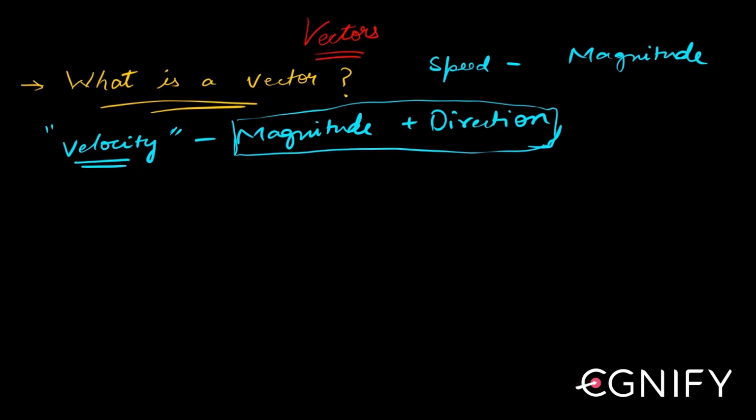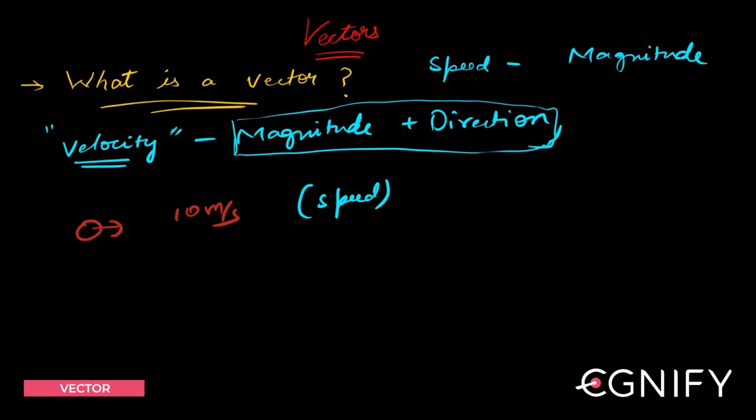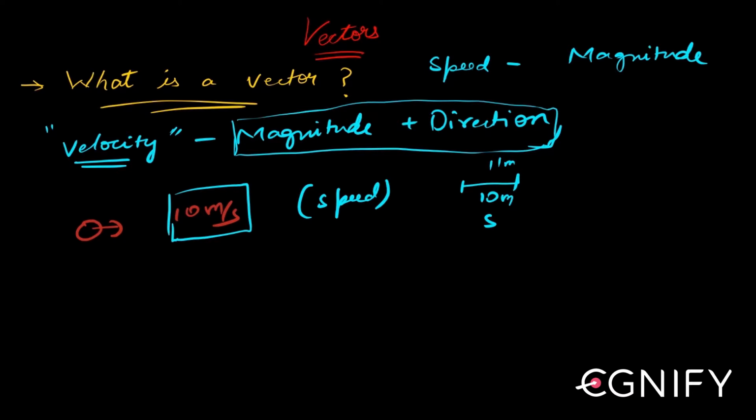So if I say that the ball is traveling at 10 meters per second, I'm talking about its speed, right? This quantity 10 meters per second only tells me that the ball is able to cover 10 meters in every second. If I increase this to 11 meters in every second, that means the speed has increased to 11 meters per second, right? It has increased by 1 meter per second.